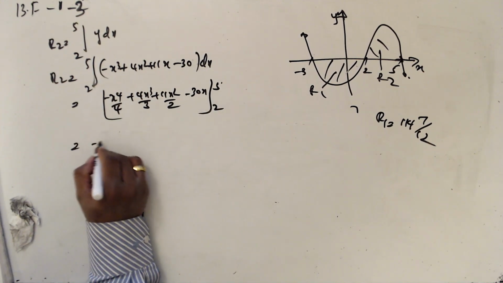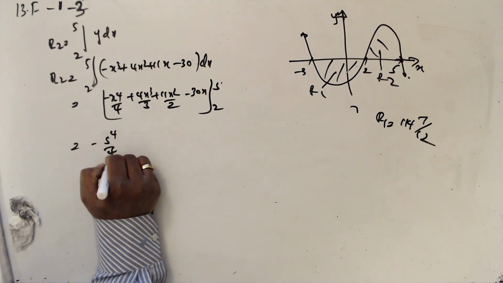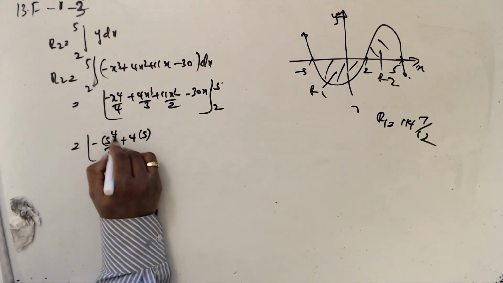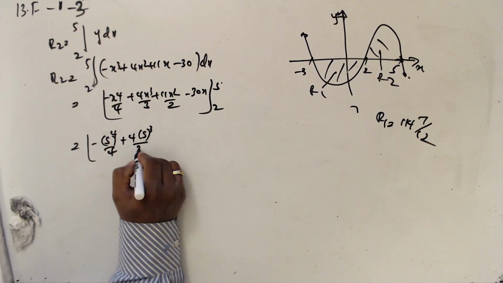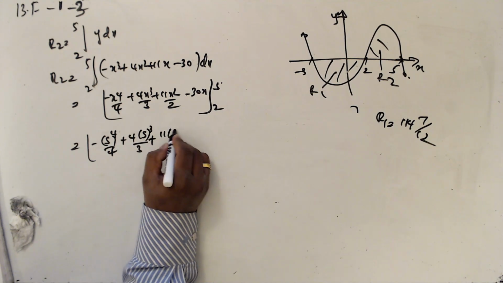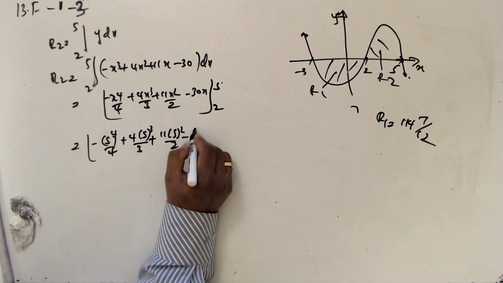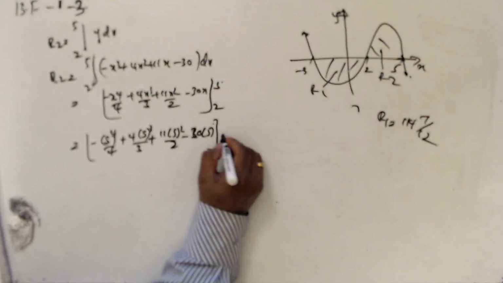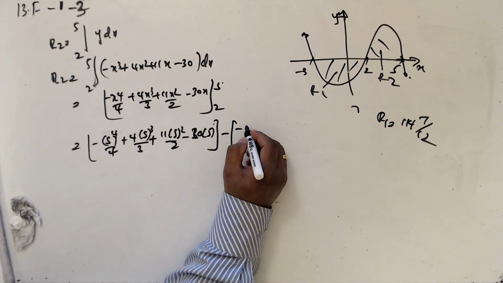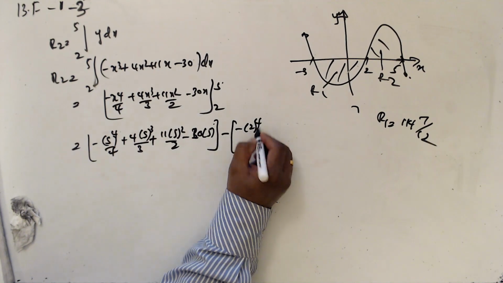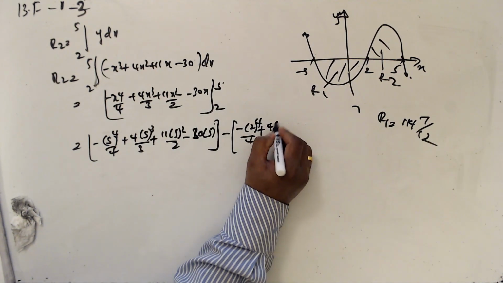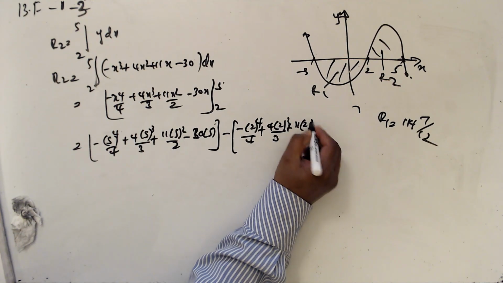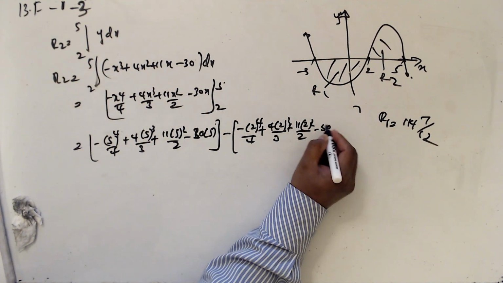So minus 5 to the power 4 over 4 plus 4 times 5 cubed over 3 plus 11 times 5 squared over 2, then minus 30 times 5, minus 2 to the power 4 over 4 plus 4 times 2 cubed over 3 plus 11 times 2 squared over 2 minus 30 times 2.